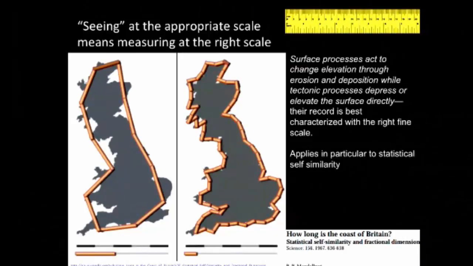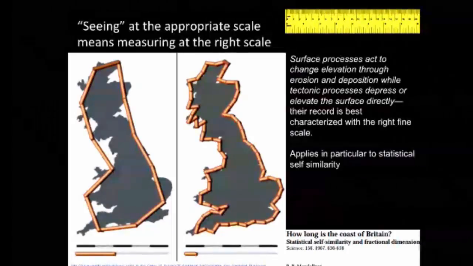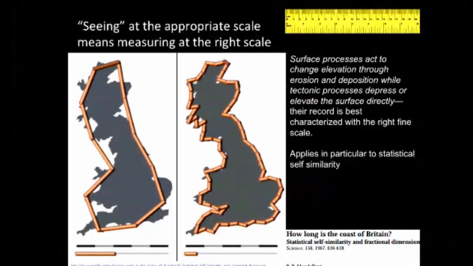If we want to finely represent the coast of England, we need a short ruler. Whereas if we don't have resources, we may only have a long ruler, and we're not going to quite get what we want. So this ruler length is, for us in high-resolution topography, the analogy to the pixel size or the sampling density for our work. Somebody had to raise their hand, I thought maybe.